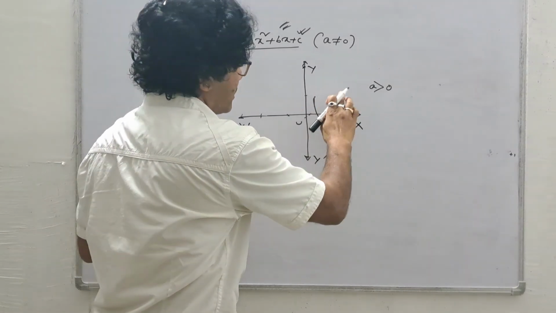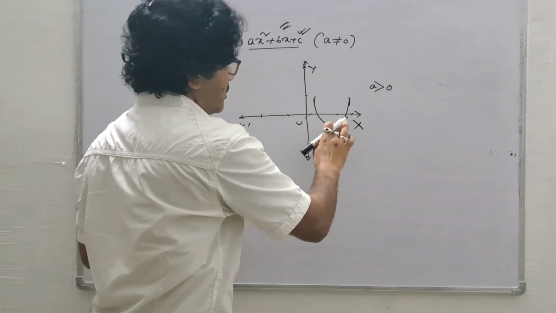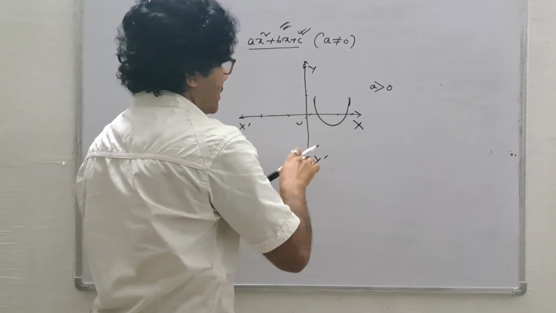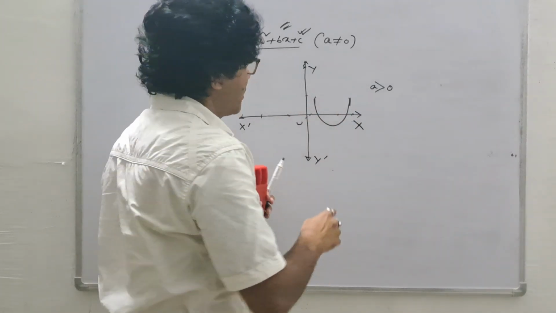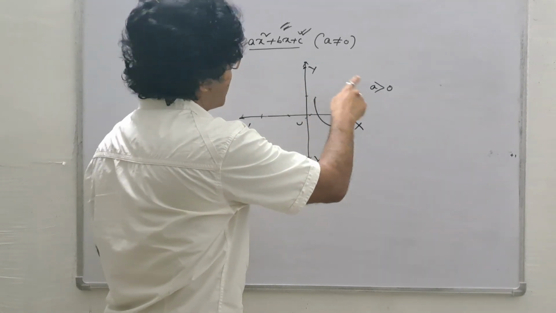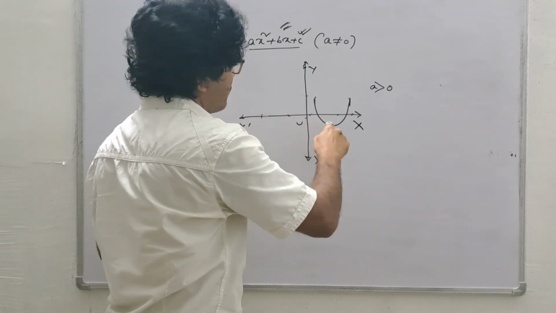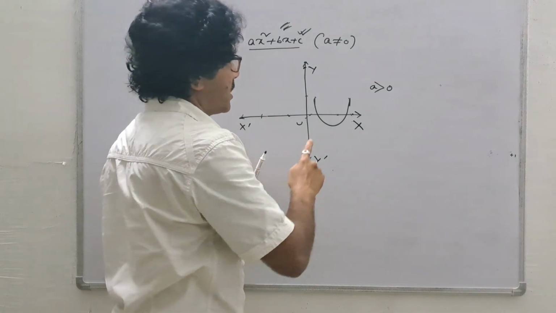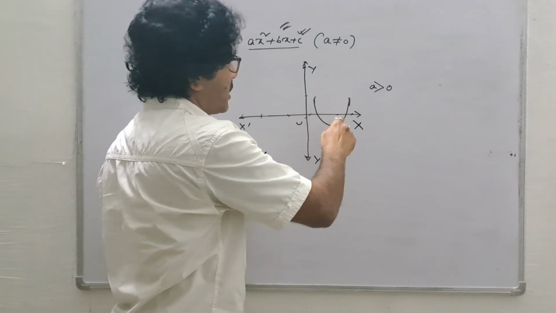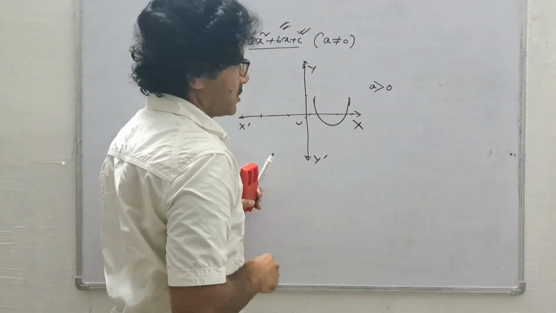This face is called the concave face, and this bulging is called the convex face. So if a greater than 0, then the graph of the quadratic polynomial will be a parabola concave upward.